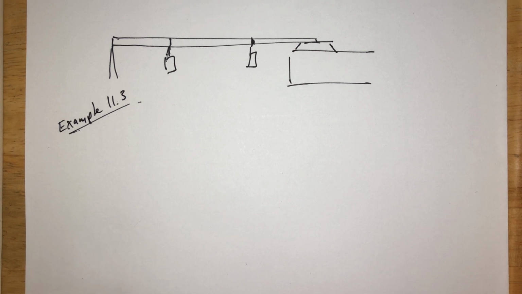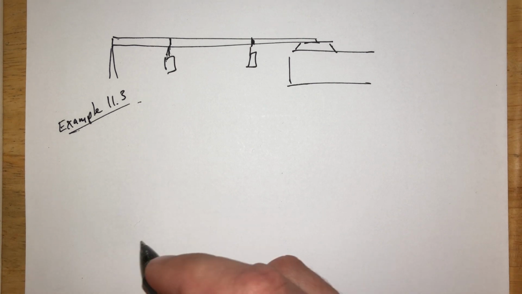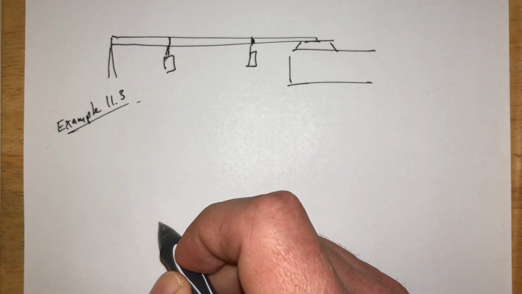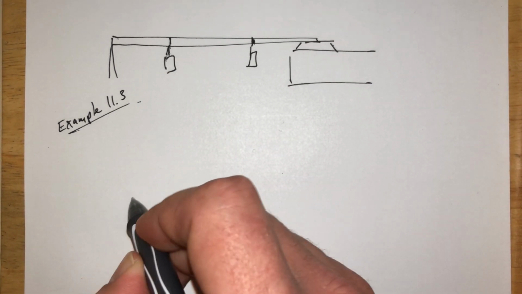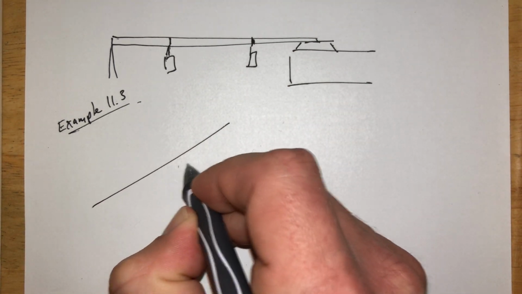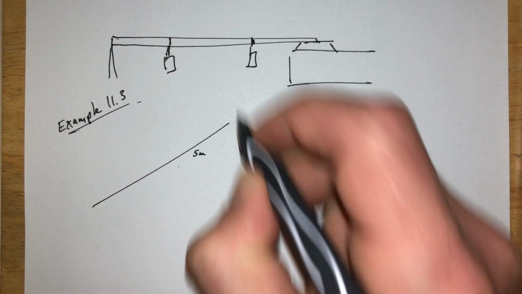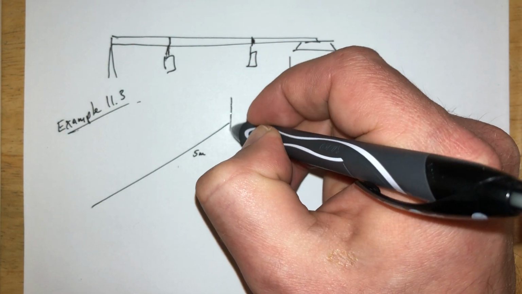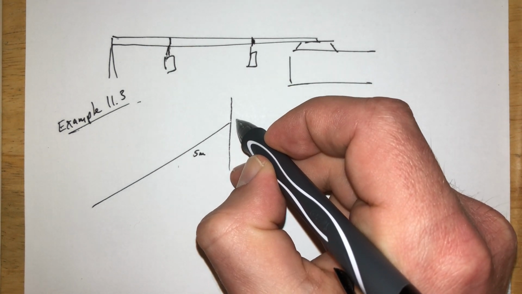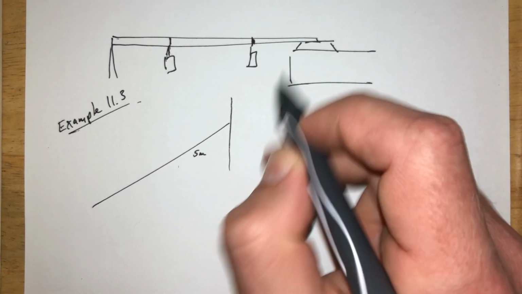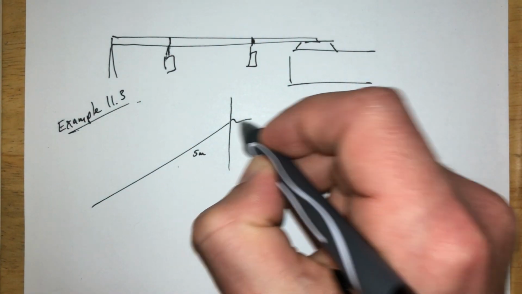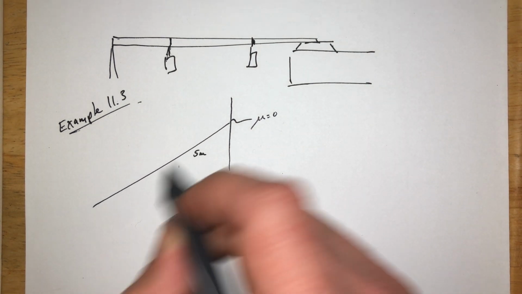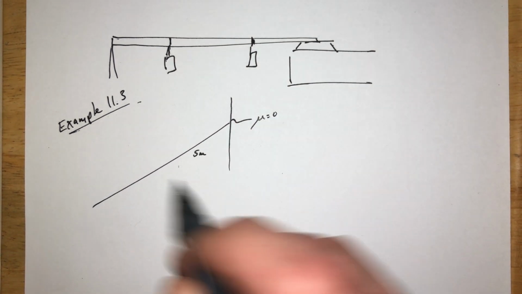What we've got, the example talks about Sir Lancelot climbing a ladder to get into a castle. I don't know how important the context is, but we've got a 5-meter ladder. And it's leaning against a castle wall. This contact between the ladder and the wall is frictionless. The ladder has a weight of 180 newtons.